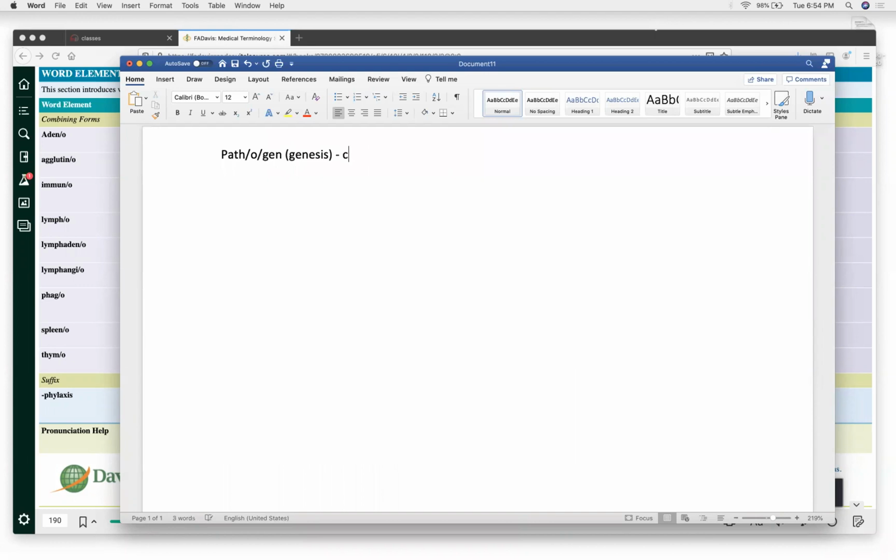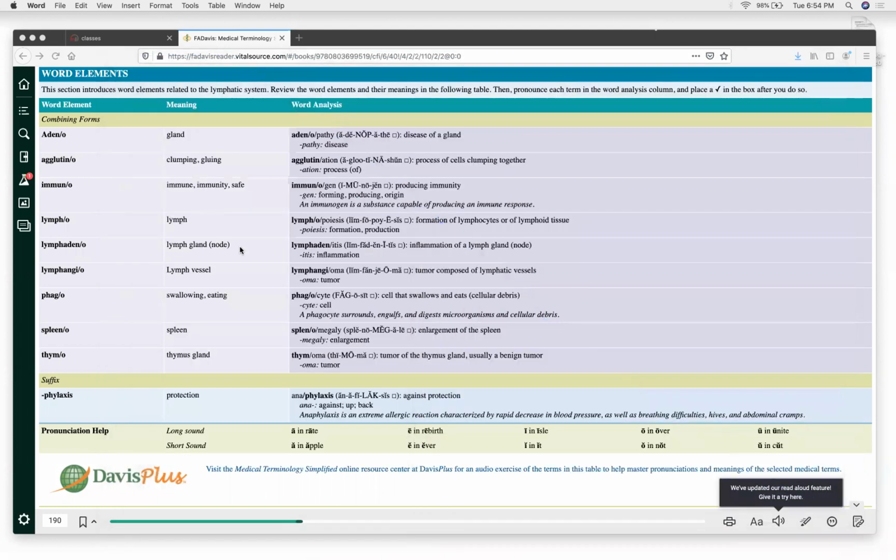So it means creation of disease. That's what we're concerned about when we wear the mask and all that jazz. We're worried about it, our PPE is to decrease our exposure to pathogens, okay?